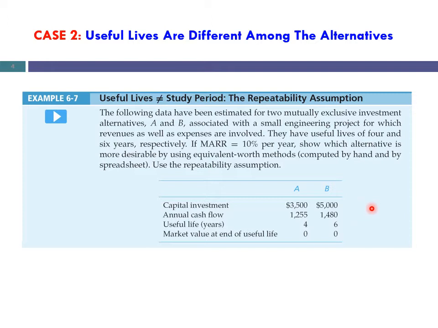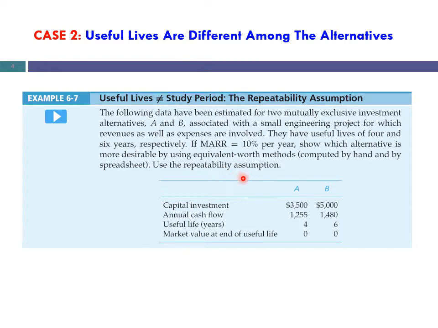They are different. It is said that the MARR is 10%. So we need to select one of these alternatives using equivalent worth methods: present worth, future worth, or annual worth. And it says to use the repeatability assumption.